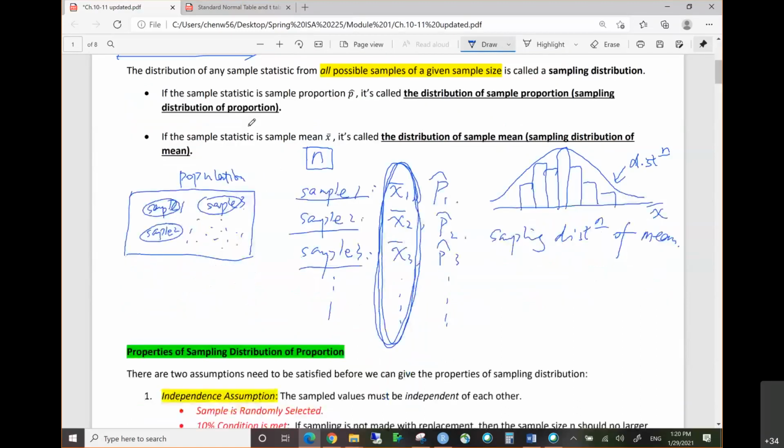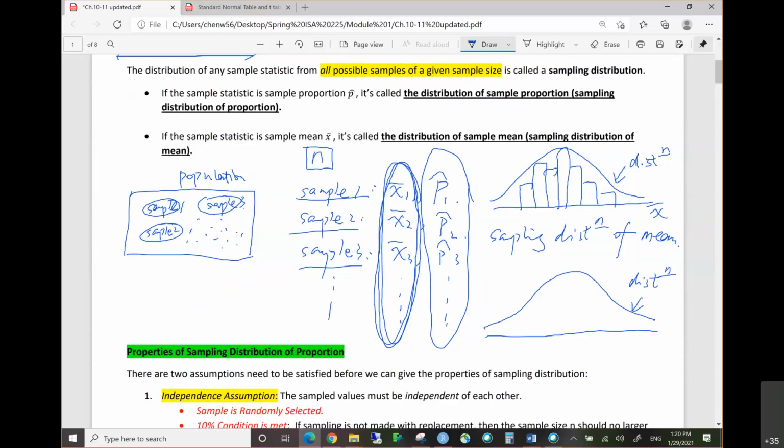Similarly, what if I consider this list, the P hat sample proportions? That means I can still have the histograms, right? And then based on the histogram, I can still draw the curve. I have another distribution, but this distribution is based on the sample proportions. So it is the distribution of sample proportion, or we call it the sampling distribution of proportion.